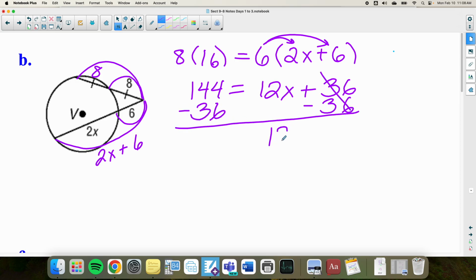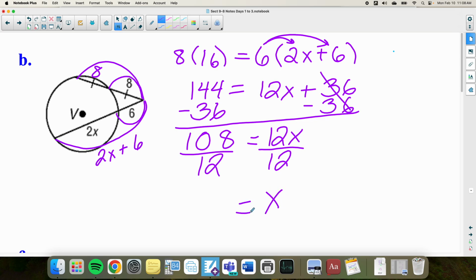And I get 12x equals, is that 108? Divide by 12. And x is that 6? No, 9. Thank you. 9. Whoops. Okay, and that is your answer there.